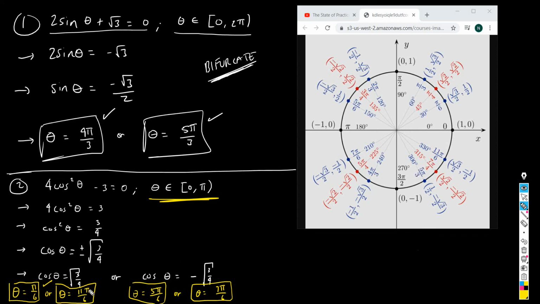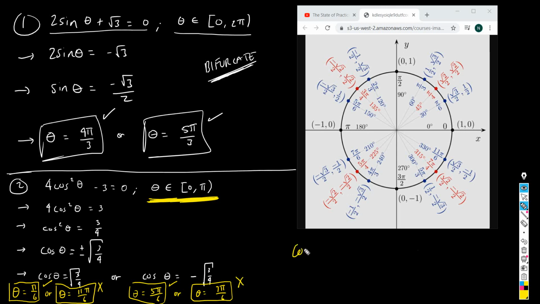You see? So this solution is discarded. This solution is excluded from this problem given this restriction or this interval. 5 pi over 6 is also within this interval because 5 pi over 6 is right here. And 7 pi over 6, which is right here, also falls outside this interval.